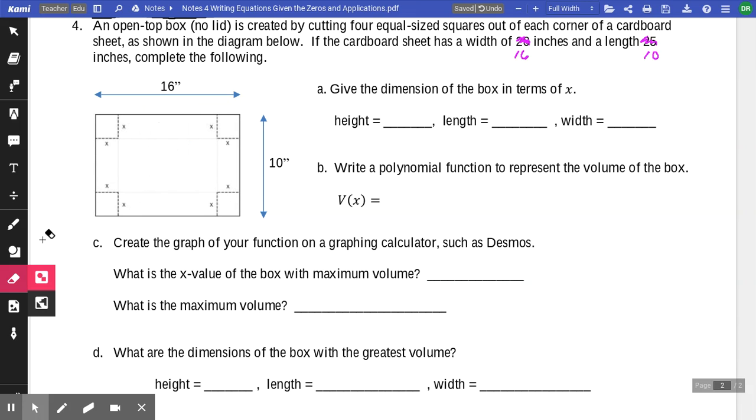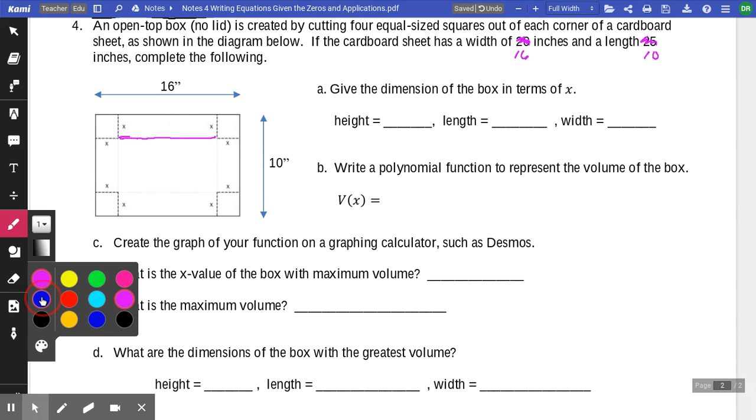But if you can visualize this, there are some folding lines in this picture, so that after we cut out this square, we're going to have a flap right here that we would fold upward. You can try to picture folding a box upward here. When you fold this flap up, it's going to be x units tall. And that's going to happen everywhere, because if you cut out this corner, you're going to have another flap on this side that folds up, right?